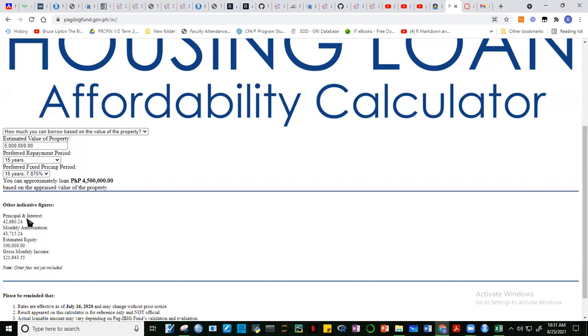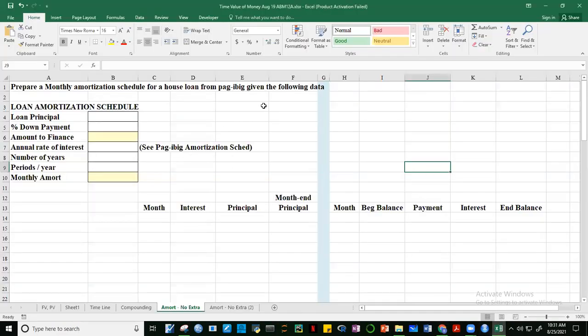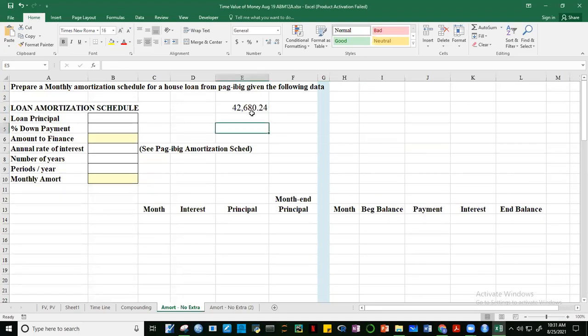Okay? So let's copy this. Ito yung principal and interest, no? Control C, copy natin siya. Copy natin sa Excel natin. Okay, ito yung monthly amortization na sinabi ni Pag-ibig. Okay, do you follow, guys, so far? Nakasunod ba? Paki-chat naman please kung nakasunod.